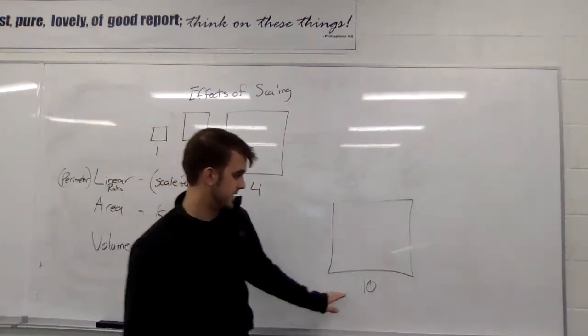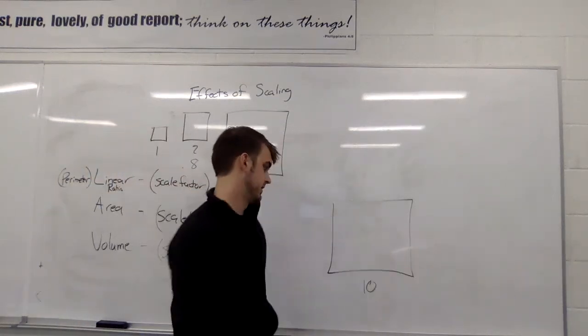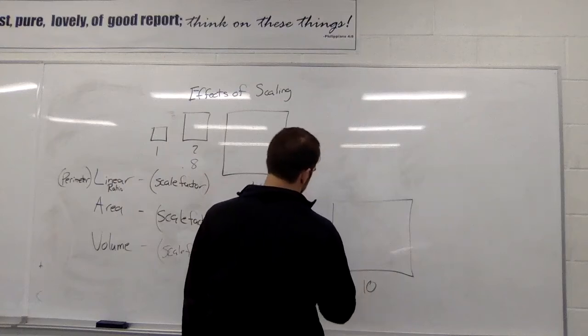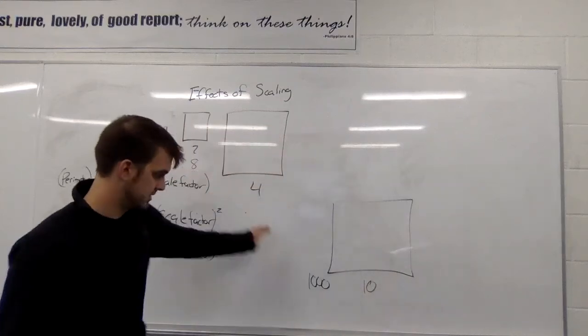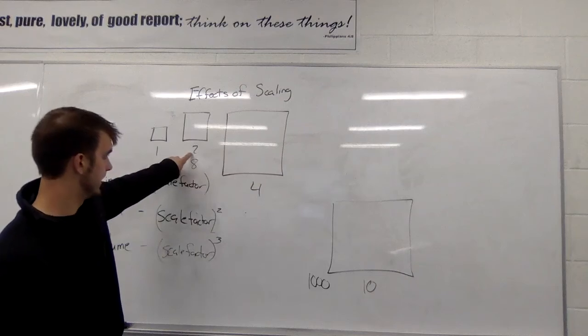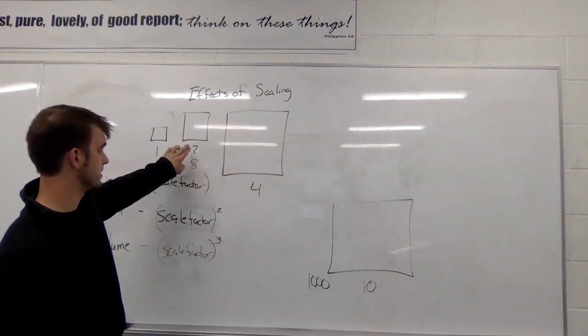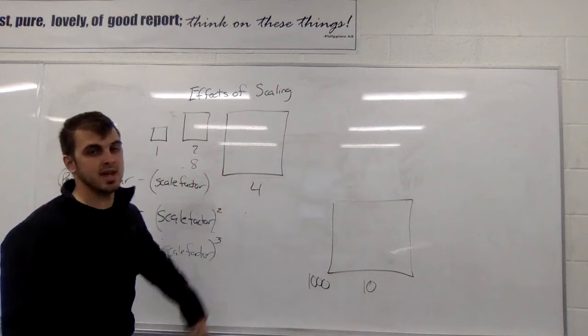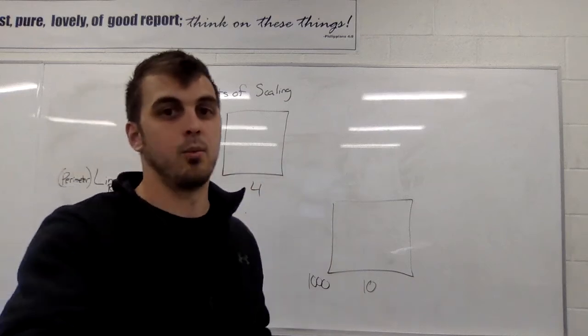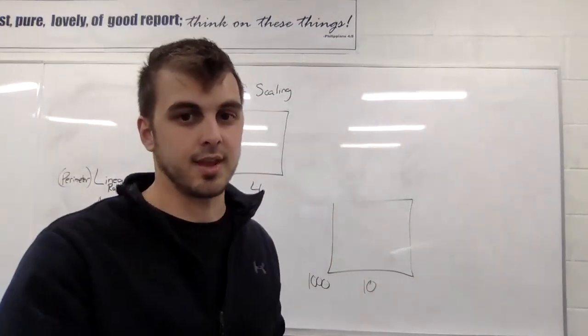This shape here, 10 times 10 times 10, would be 1,000. So how do you get from 8 to 1,000? Well, here's the thing. What is your scale factor going from 2 to 10?